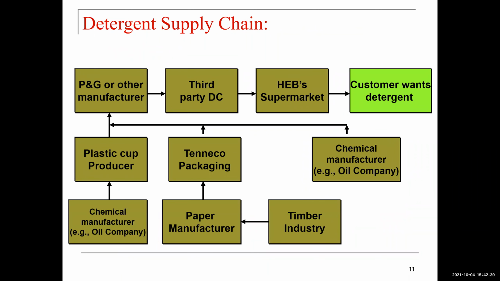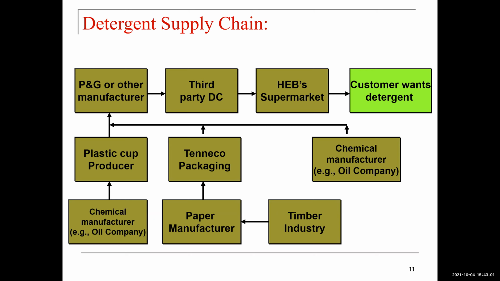So here we have some examples, a supply chain for detergent. We have information about the supplier materials from the timber industry, paper manufacturer, chemical manufacturer, all those providing some type of material that is needed for production.